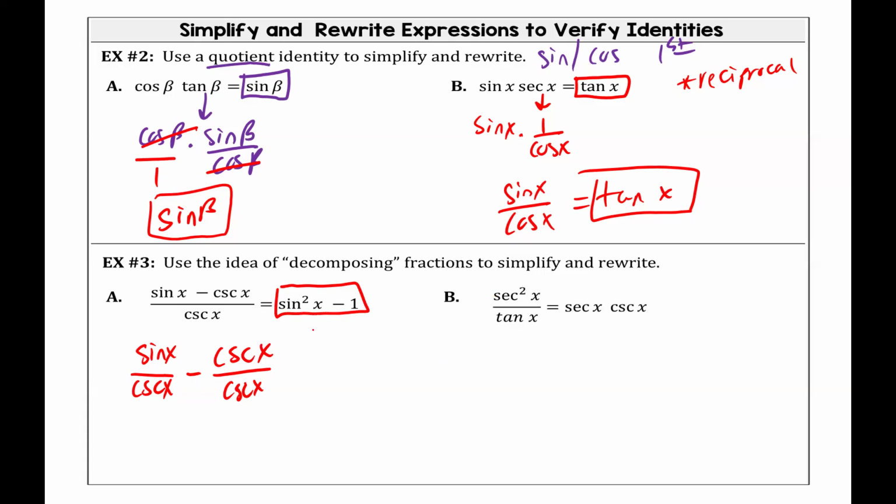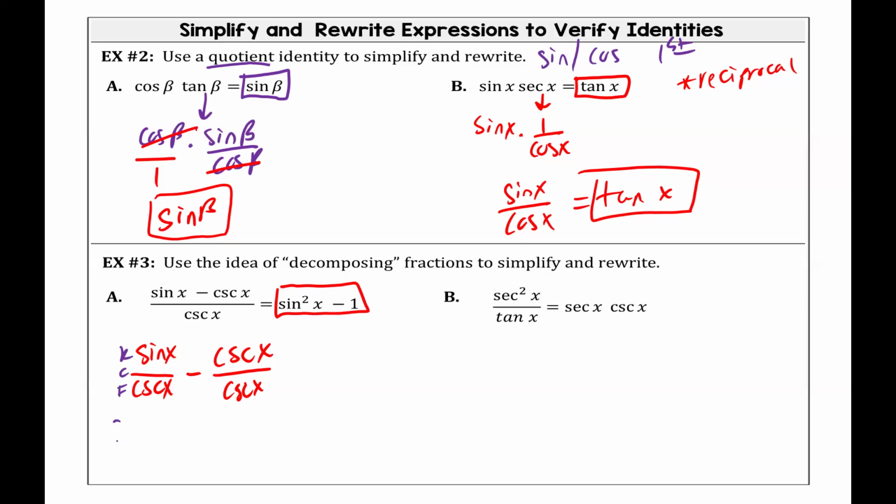That's our end game. So sine x over cosecant x is the same thing as sine divided by 1 over sine. And what do we do when we divide fractions? We multiply by the reciprocal. We keep, change, flip. Does that make sense?